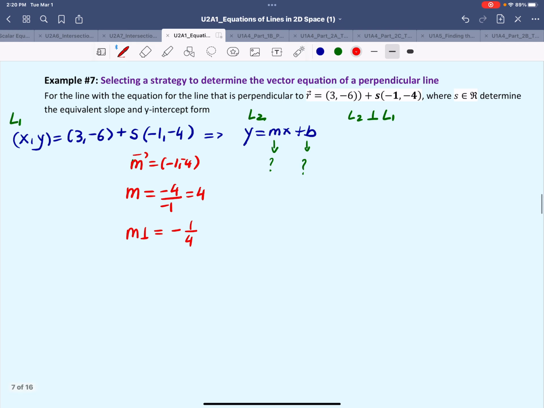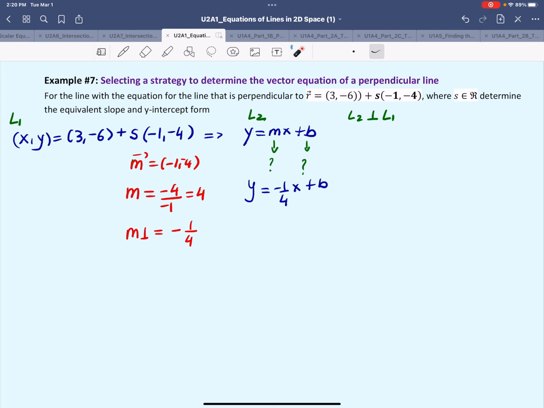So y equals negative 1 over 4 x plus b, but we still haven't found the value of b. What we do know is that the two lines are perpendicular to each other, L1 and L2. If two lines are perpendicular to each other, they must have a common point.